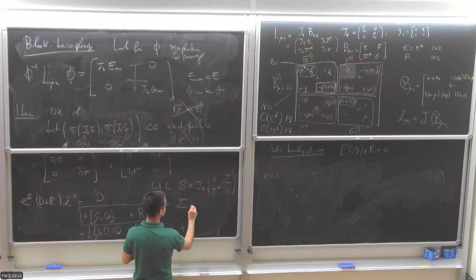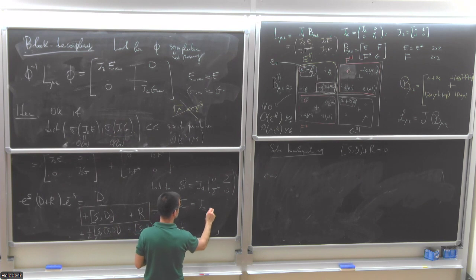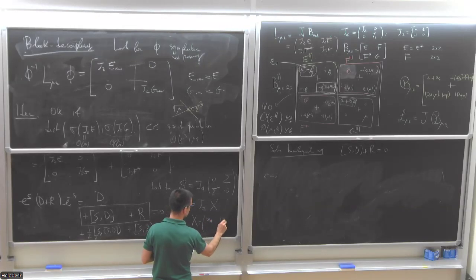Then look for sigma. Sigma is a 2 times 2 matrix. Look for sigma of the form J2 times a matrix X, and the matrix X of the form X11, i X12, i X12, X22.